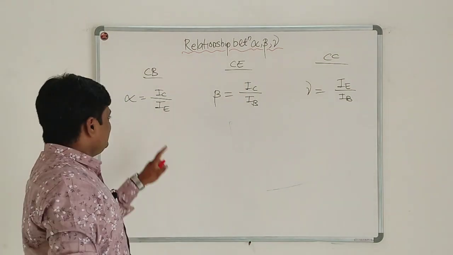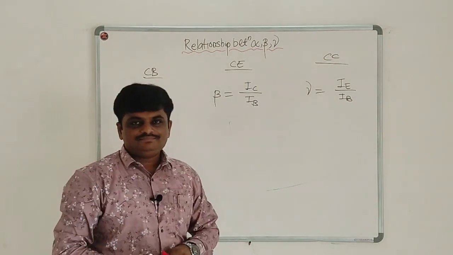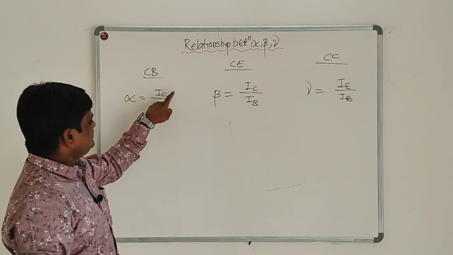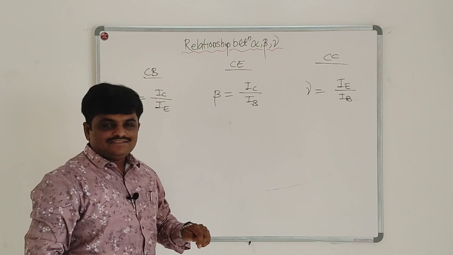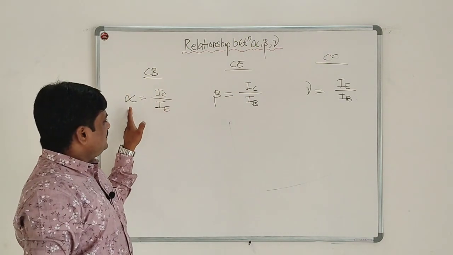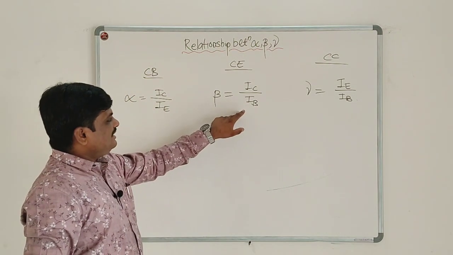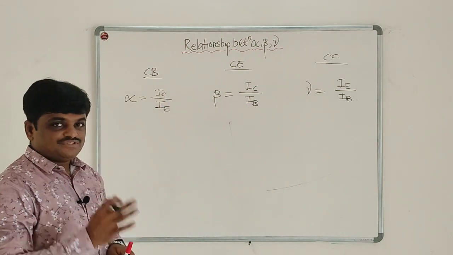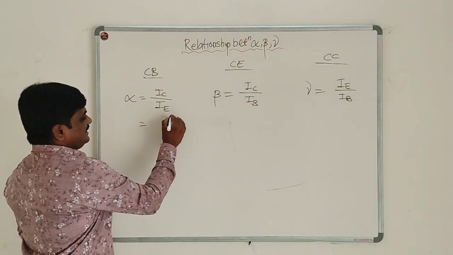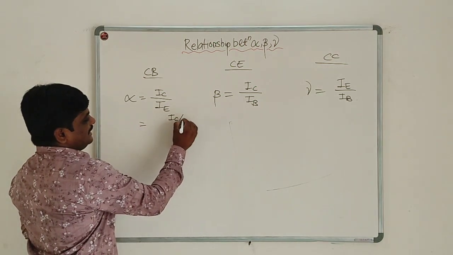Now let us derive the relation between alpha and beta. Alpha is IC divided by IE, and beta is IC divided by IB. To derive alpha in terms of beta, I have to adjust the term IC by IB in this equation. So divide numerator and denominator by IB.